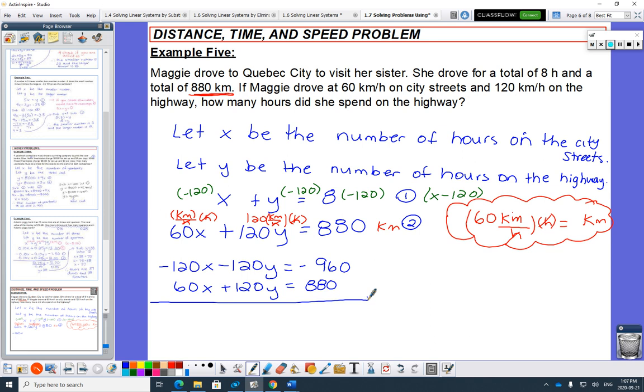Negative 120x minus negative 120 plus 60 is negative 60x.